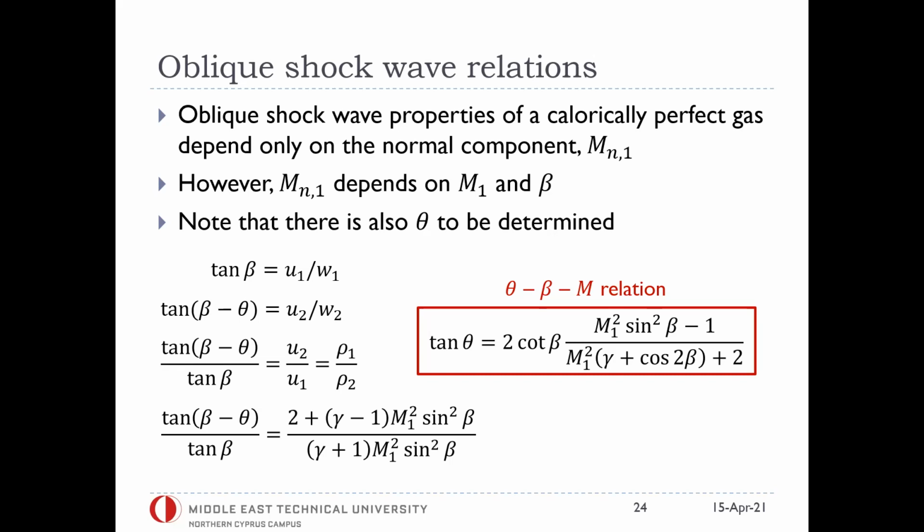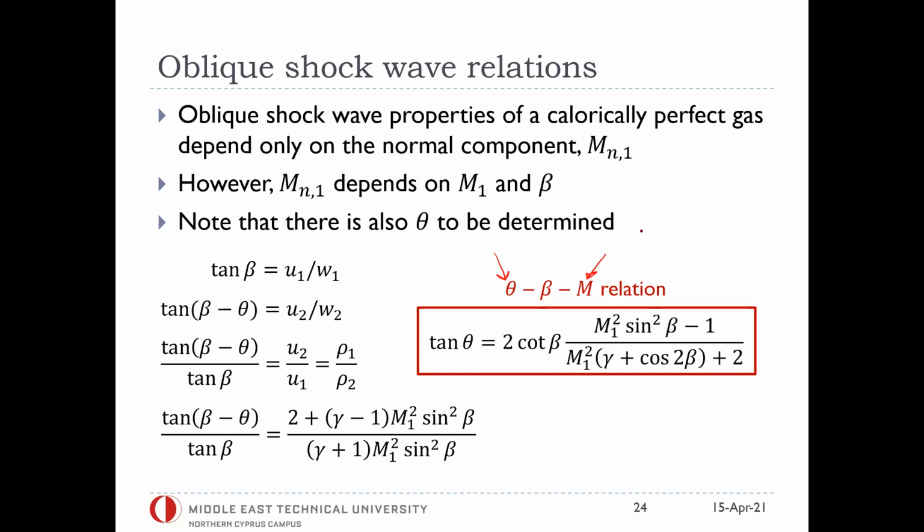Regarding the Mach number after the shock wave, and also the shock wave angle, those are unknowns. So the given values, as I tried to describe yesterday, are the deflection angle theta here in the slide, and the input Mach number.